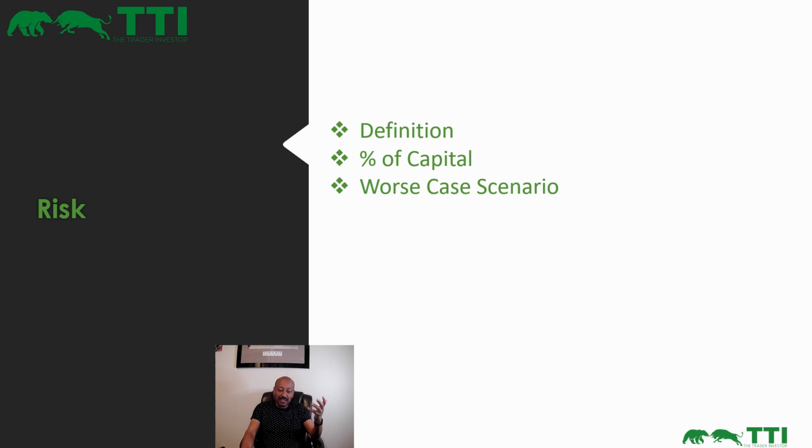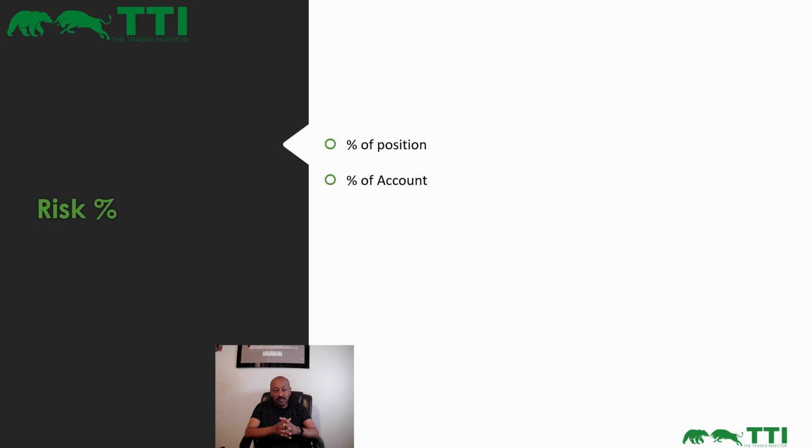That's a critical way of thinking about how I enter positions. So when I enter a position, the E part of SAVE, the execute, entry, and exit, my exit on the worst case scenario is my risk. And the way I calculate my risk, as I said, is 1% of my total account.